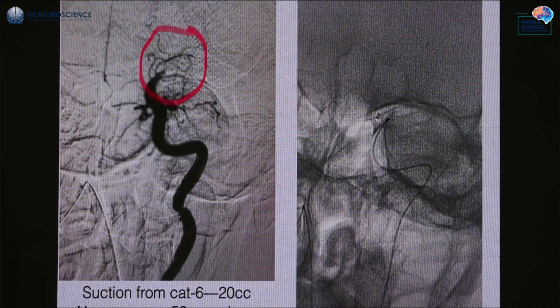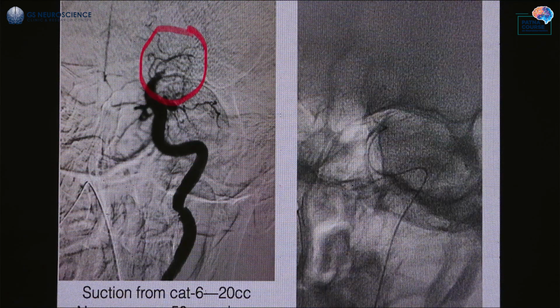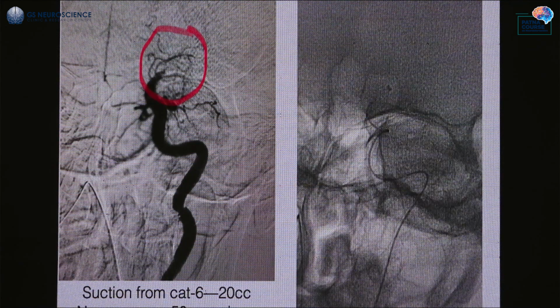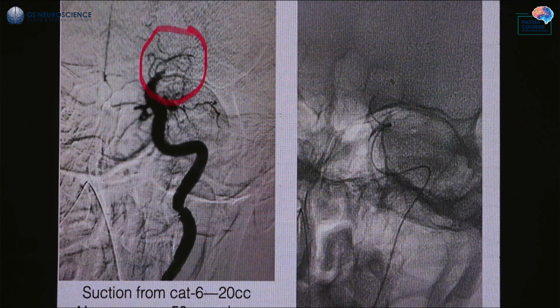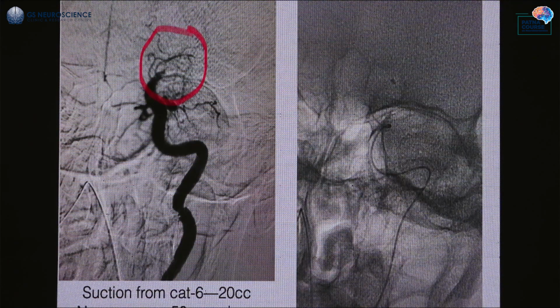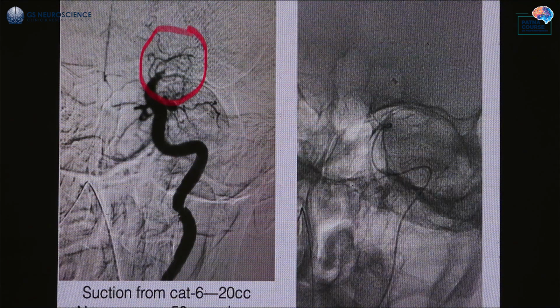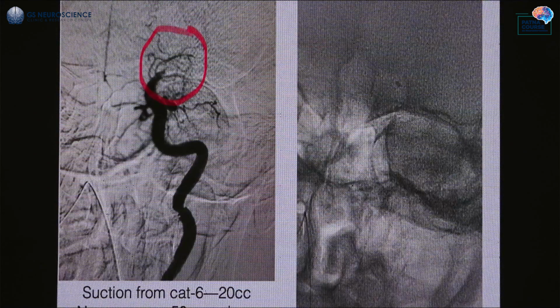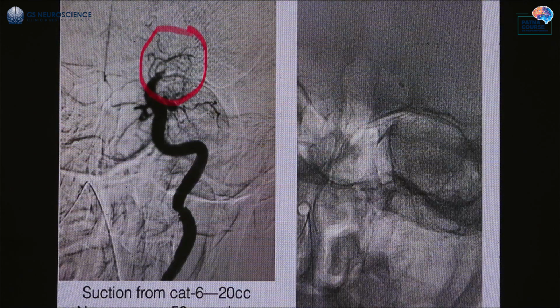But people prefer, in some literature from Korea and China, to do a stent retriever thrombectomy in ICAD rather than aspiration. But still I feel that aspiration is going to work the same way, in a better way, because we are not damaging the plaque. If you're not damaging the plaque, the thrombosis chance will be less.